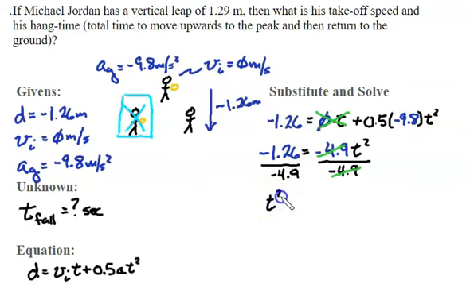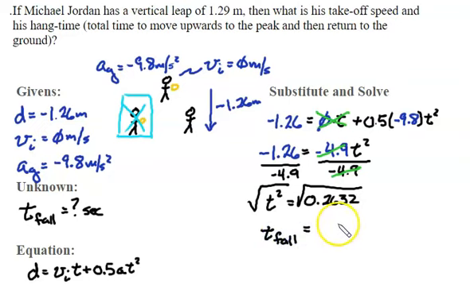And that leaves me with time squared equals 0.2632. And to get rid of the square, I'm going to take the square root of both sides. So that means the time to fall is 0.513 seconds.